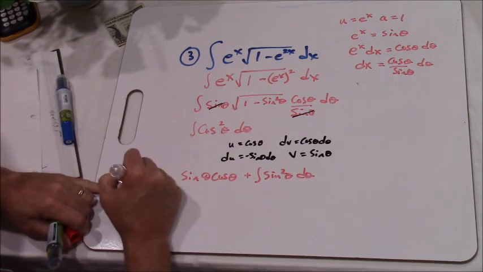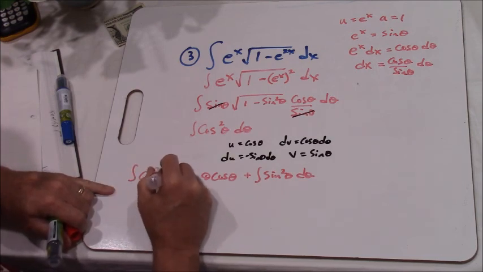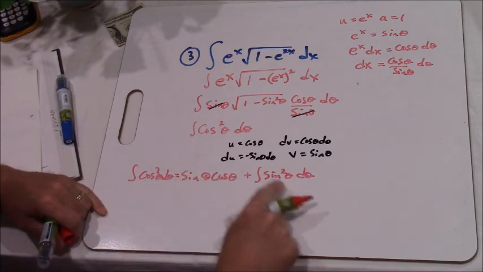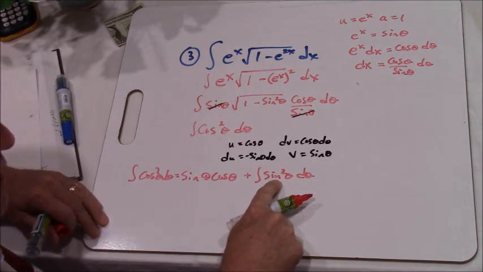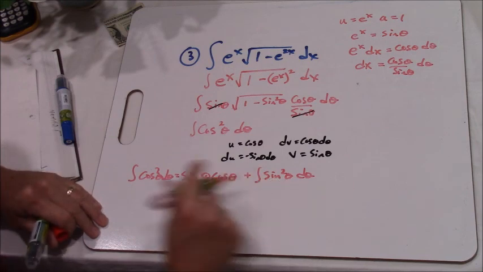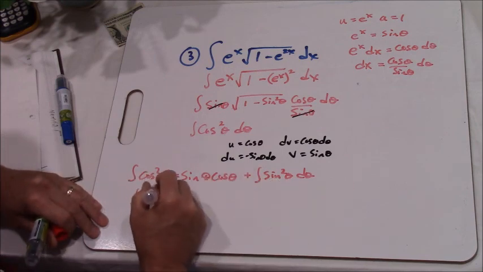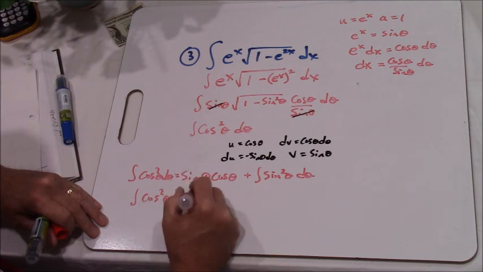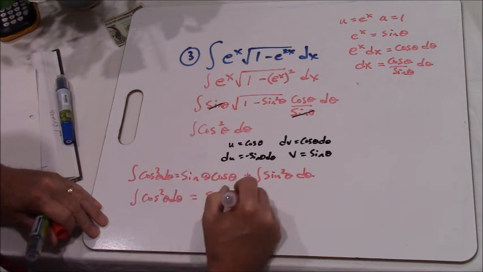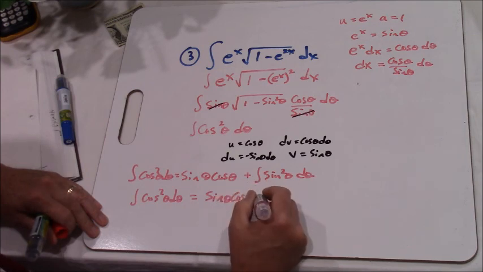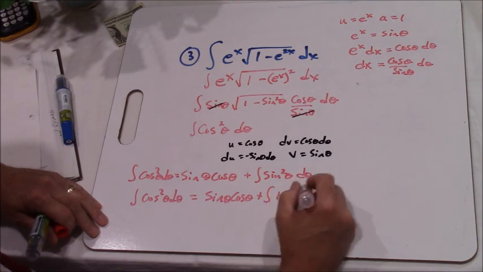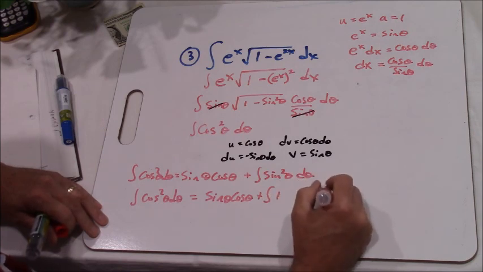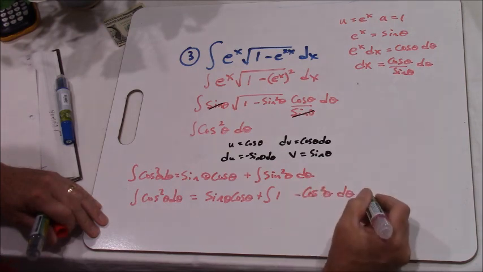And so I'm trying to solve for the integral of cosine squared theta d theta. So I need to somehow see a cosine squared over here. I'm going to change this using the Pythagorean identity to 1 minus a cosine squared. So the integral of cosine squared theta d theta is going to equal sine theta cosine theta plus the integral of 1 minus cosine squared theta d theta.